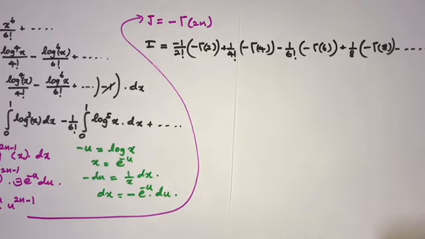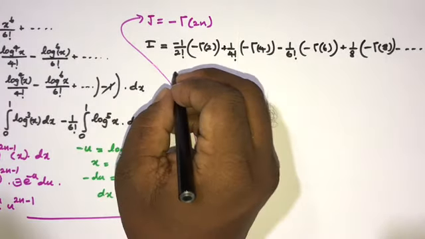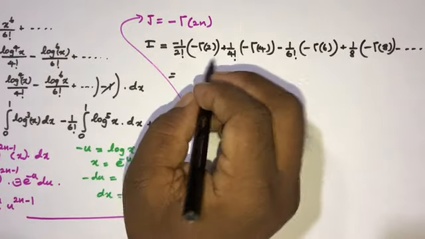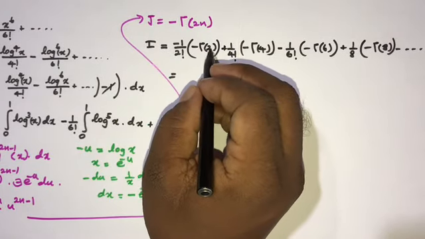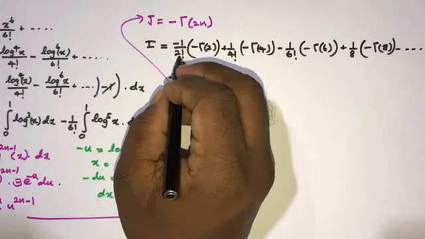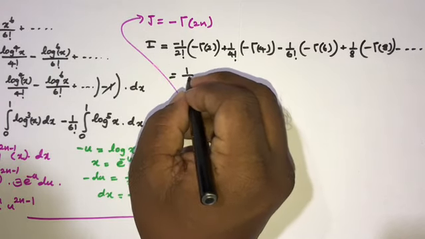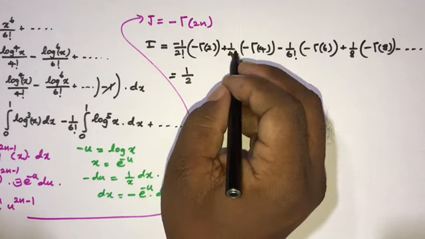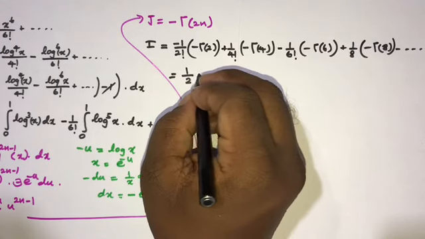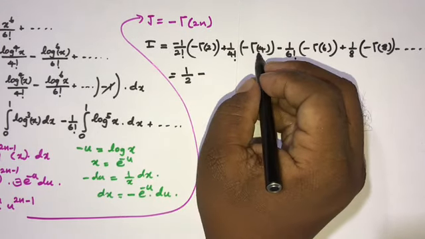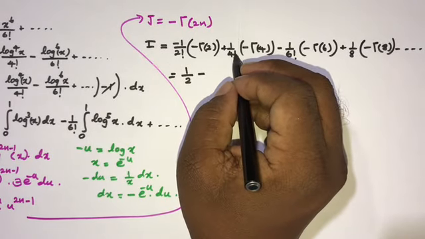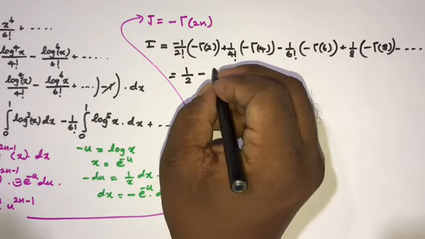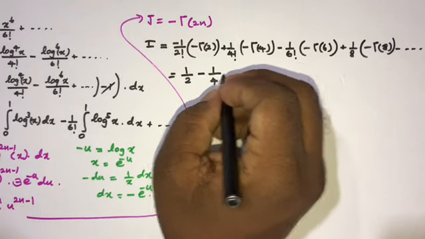Then we can simplify. Minus times minus is plus, and gamma of 2 is 1 and 2 factorial is 2, so we get 1 over 2. Then minus gamma of 4, which is 3 factorial, over 4 factorial: 3 factorial gets cancelled and we have 1 over 4.